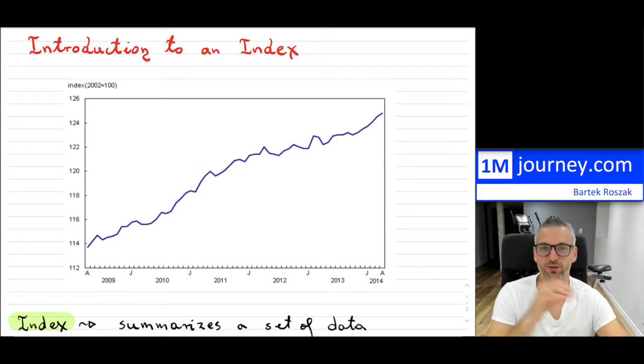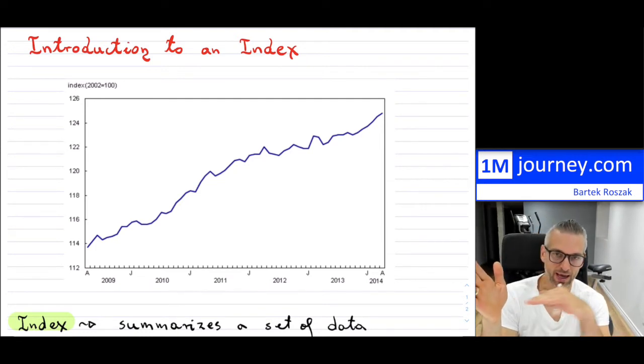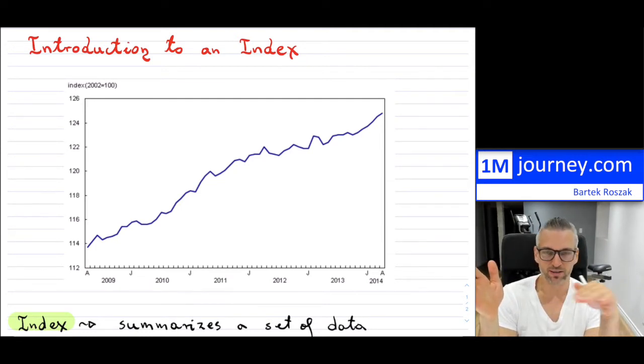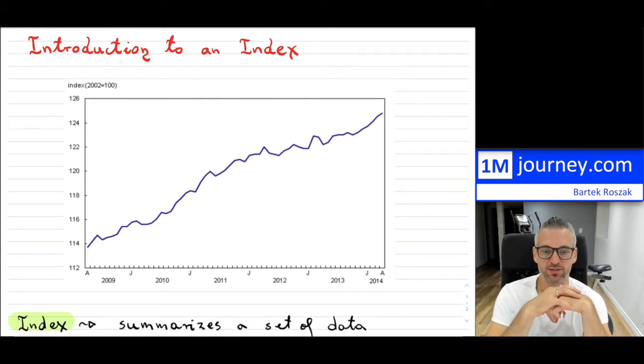You don't really know what the y-axis represents. The x-axis, you can probably figure out that it's a timeline, so it is time, and you can see the years, and it's also kind of marked off as months. So this particular graph is actually of the Consumer Price Index.